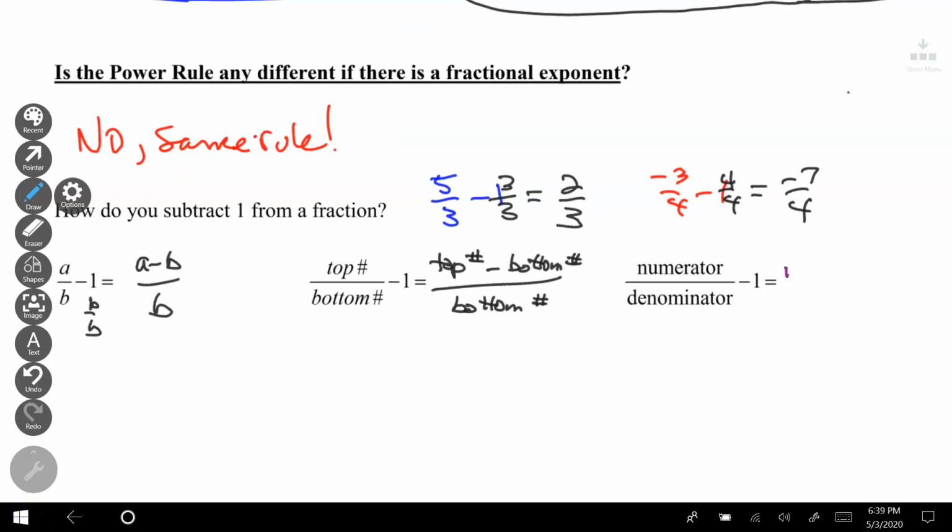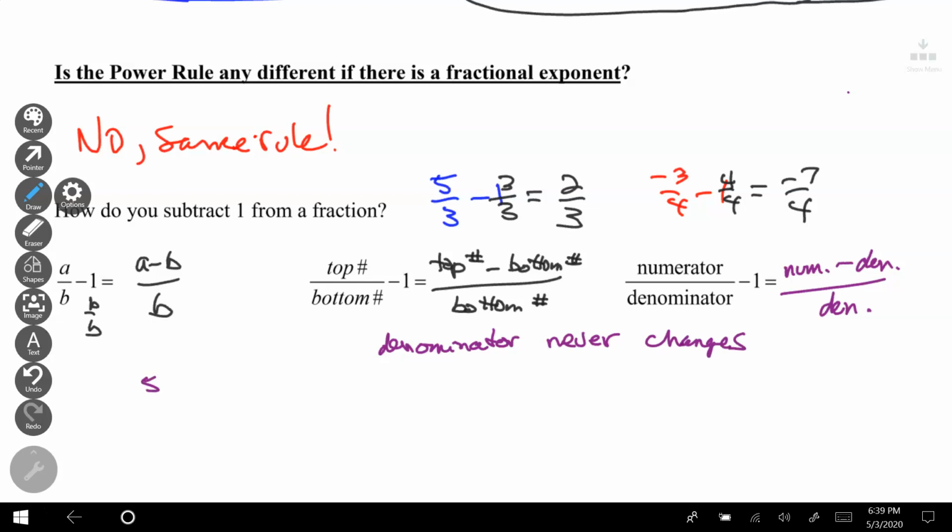Or what I really see is numerator minus denominator over the denominator. In all these examples, the denominator never changes. So if you do 5/3 minus 1, really all you do is 5 minus 3, which becomes 2/3.